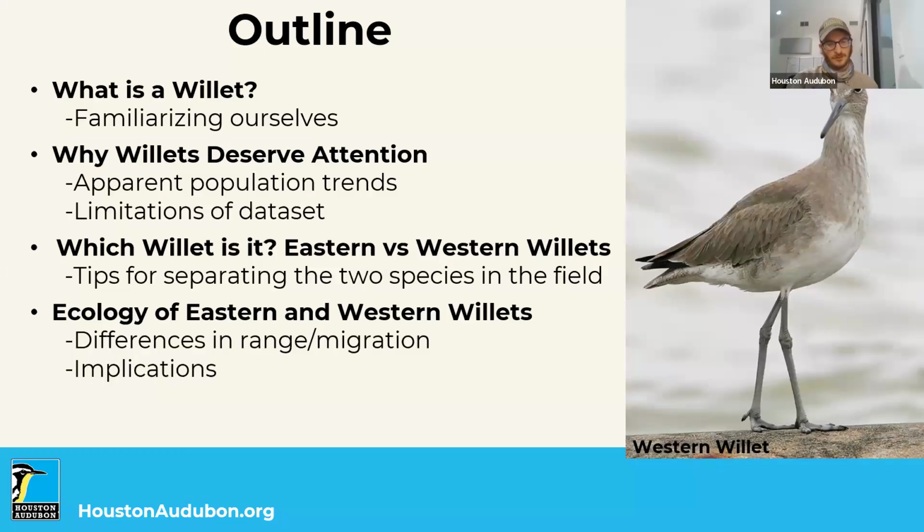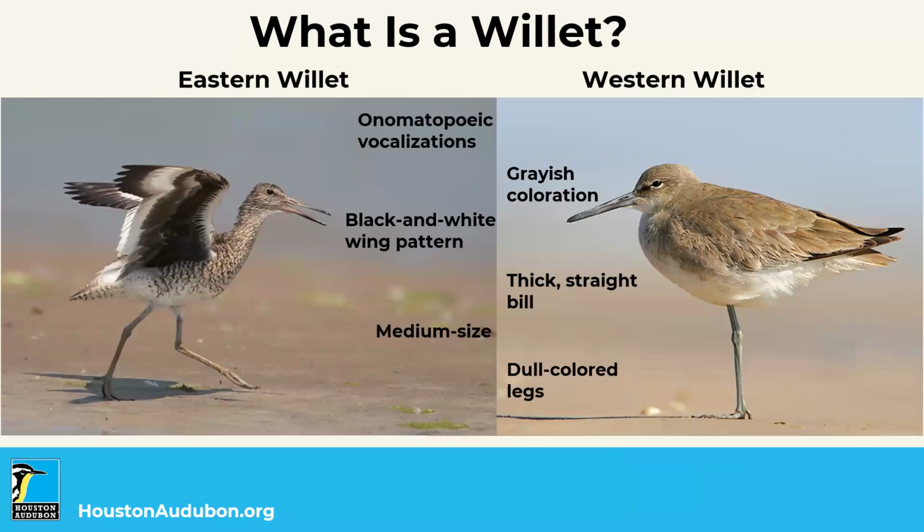Let's do this. Did that help? What are you guys seeing now? There we go. Now it says, what is a willet? You've got it. Eastern and Western Willet. There you go. Cool. All right. Hopefully this works for the remainder. I think I know what I did wrong. Okay.